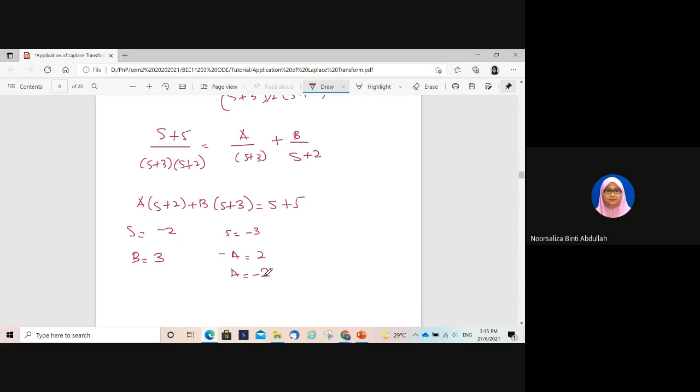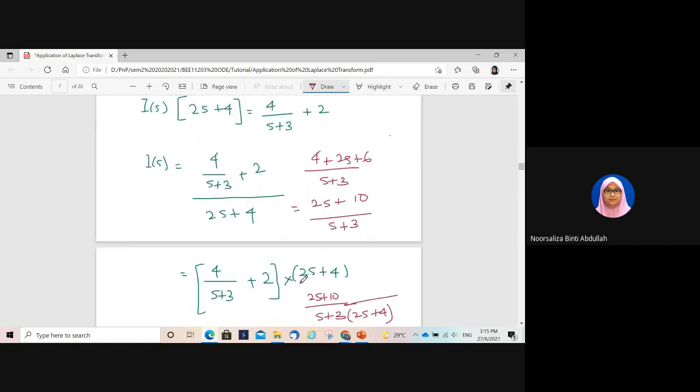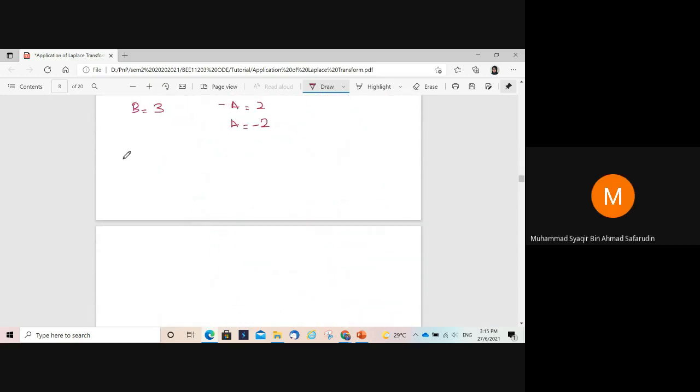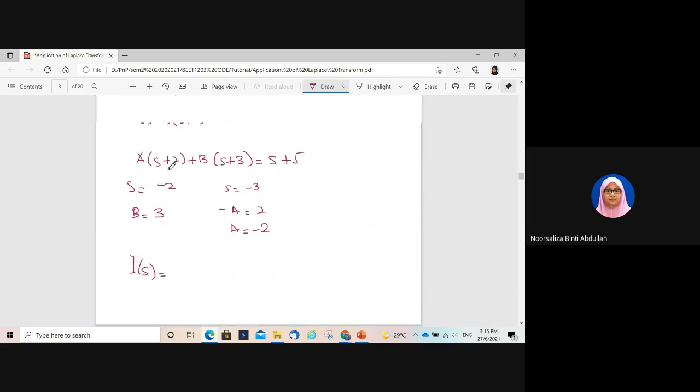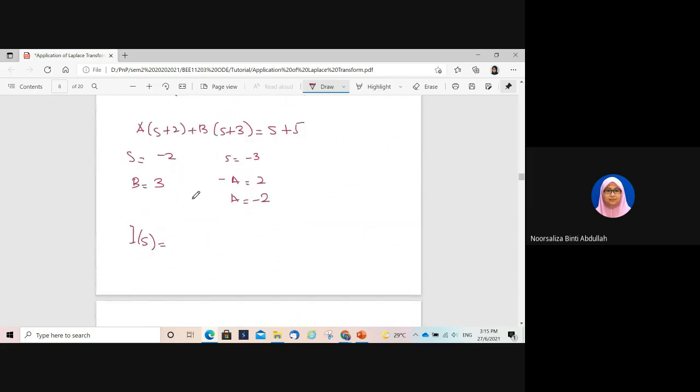Betul? Betul tak? Okay. So jadi IS equals to minus 2 over S plus 3 plus with 3 over S plus 2. This one is IS.